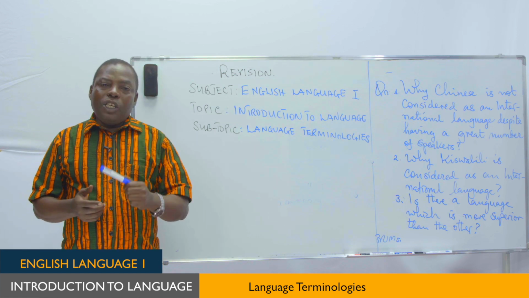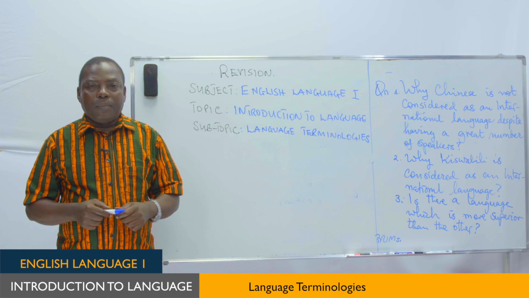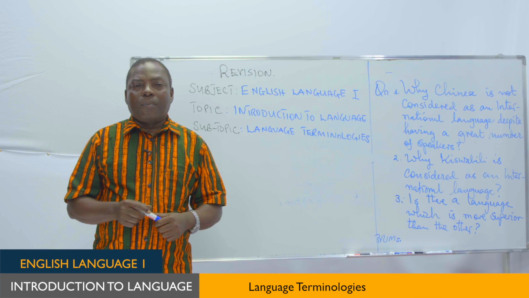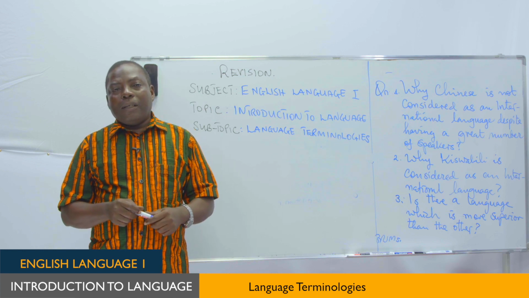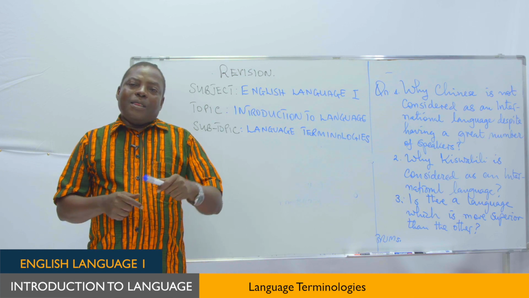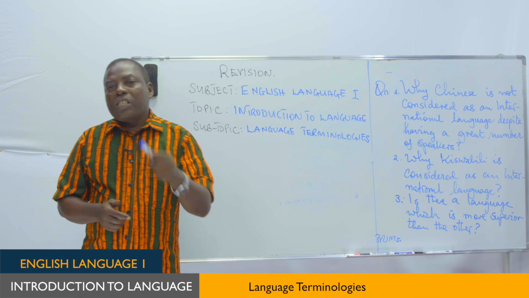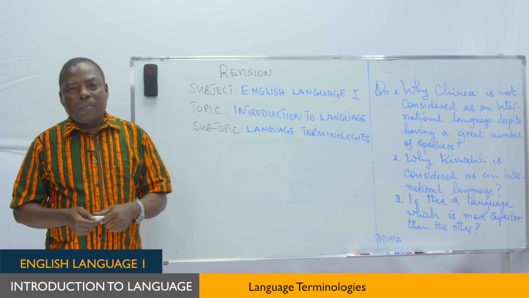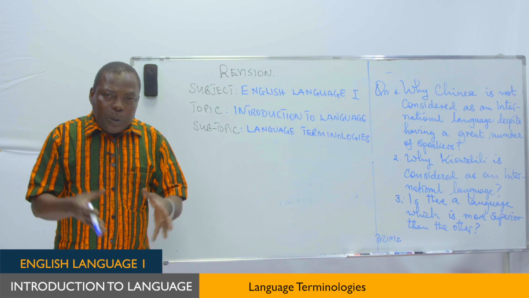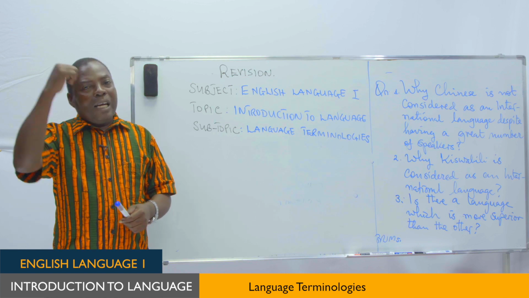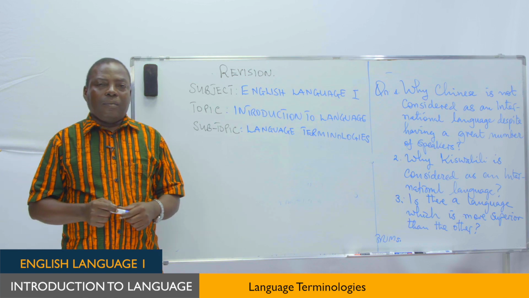Language is used by people, and it is a product of the society. So when the society changes, the language changes as well. What we see today is not the way it was years back.